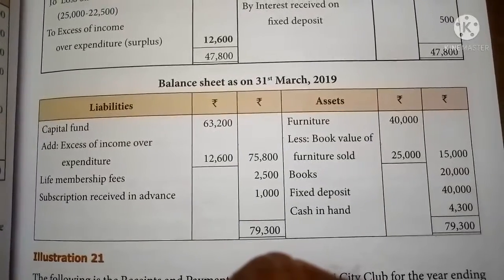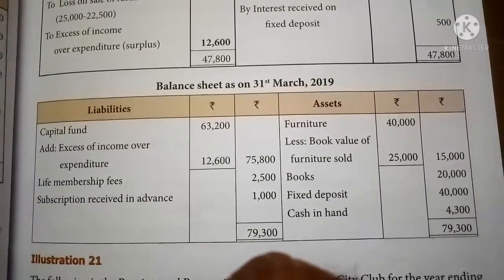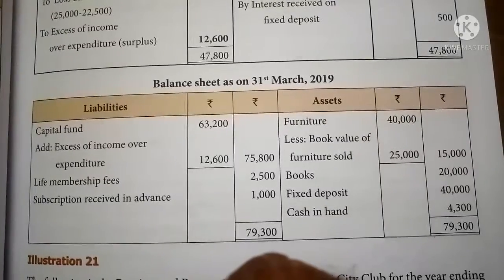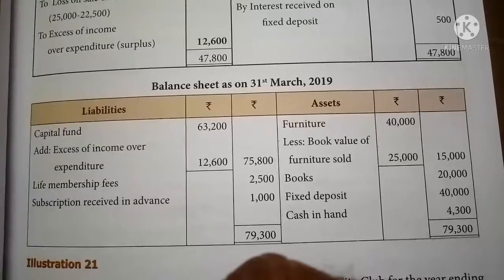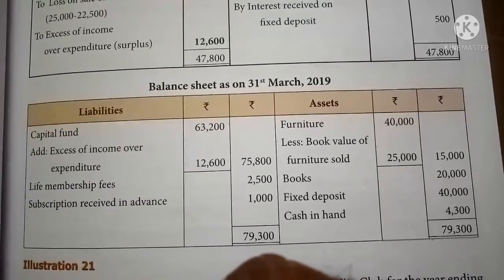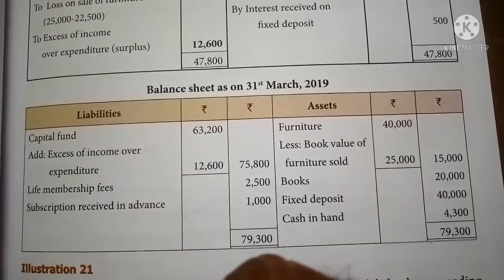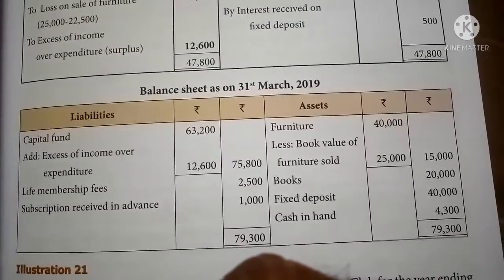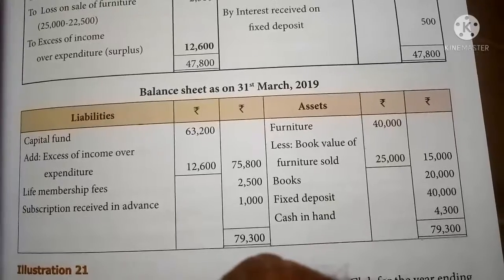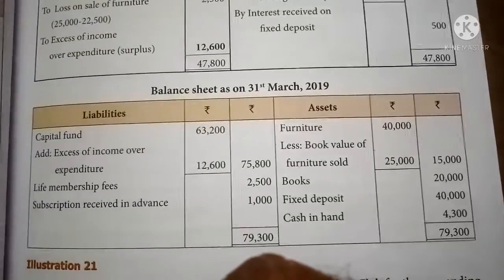On the liability side, capital fund is 63,200. Add surplus 12,600. So 75,800 is the total amount. Life membership fees is given in the receipt side. It is a capital receipt, so it should be shown in the liability side. Subscription received in advance 1,000 is given in the adjustments.